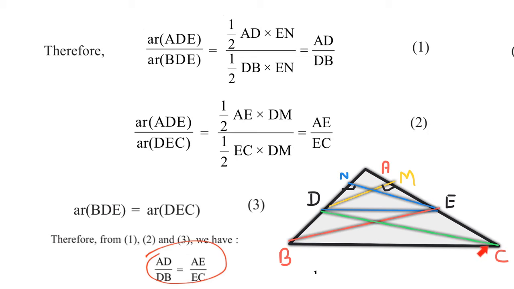So, remember now, in any triangle, if a line is drawn parallel to one side of the triangle, intersecting the other two sides at two distinct points D and E, then AD over DB will be equal to AE over EC. So we have proved the theorem. Great going. This is a step-by-step proving of the theorem.